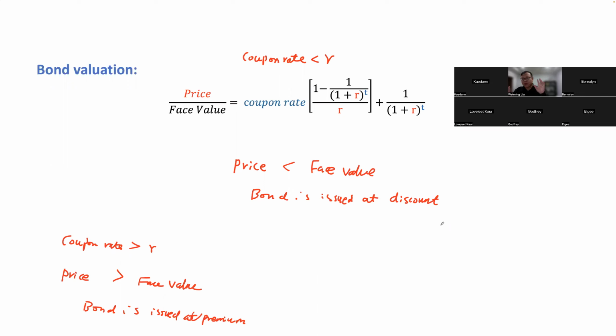So before you solve the problem, it is wise to make a judgment whether this bond is issued at a premium, discount or at par. Then you do the calculation, and at least directionally your result is correct. Because if you predict it's going to be a premium, but you crunch the wrong numbers in your calculator and get a number less than face value, at least you know that something's wrong, right?